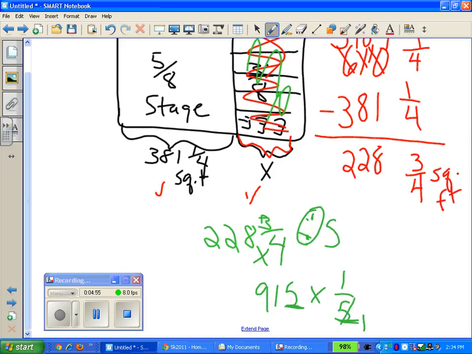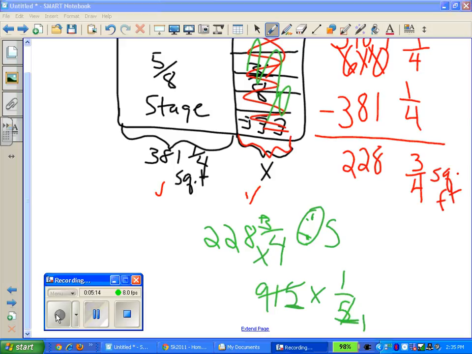Once. You can use your calculator here to do 915 divided by 5. And what would that be? 915 divided by 5. All right, so Bonnie, 915 divided by 5 is? 183.